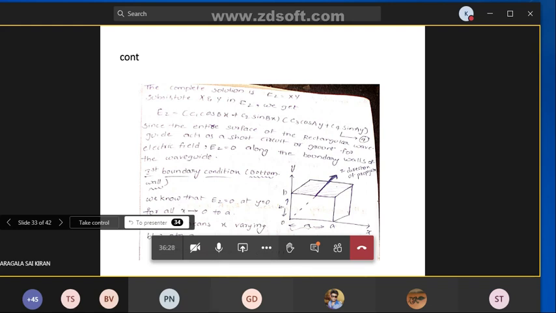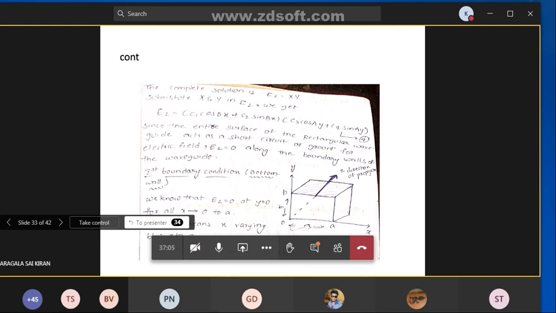In the first boundary condition, the bottom wall, y equal to 0, and x changes from 0 to a, right? In the second boundary condition, the left side wall, x equal to 0, and y changes from 0 to b, right?